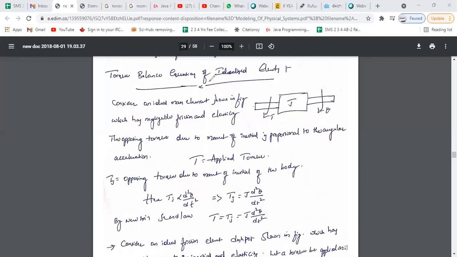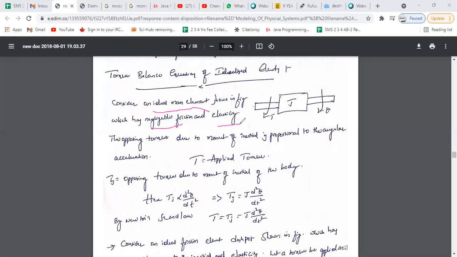So first we considered an idealized mass element. An idealized mass element is nothing but one which has negligible friction as well as negligible elasticity.